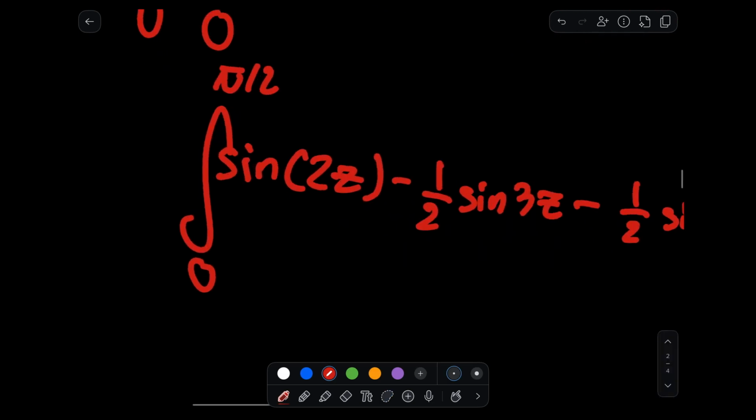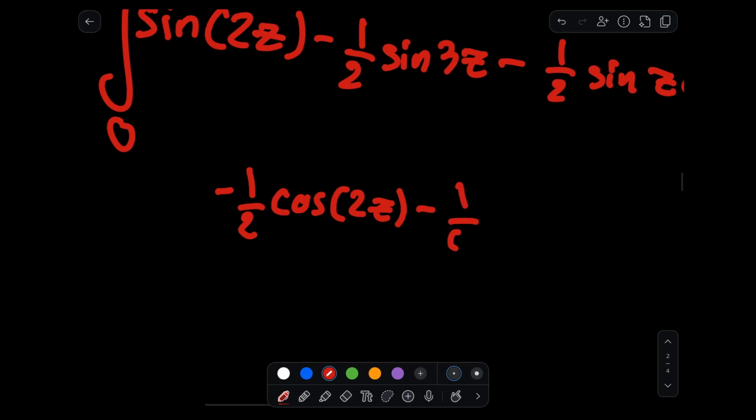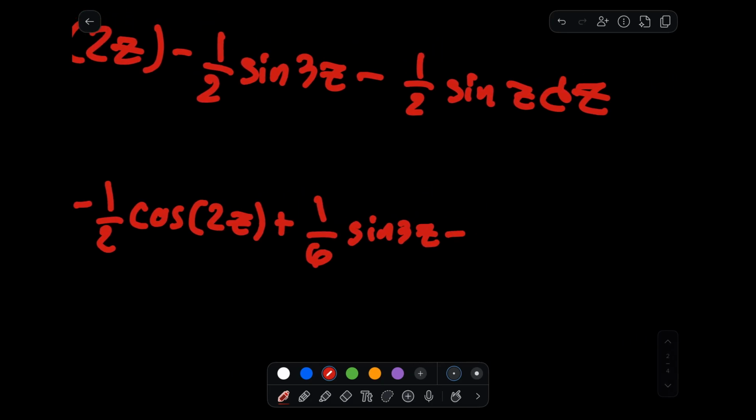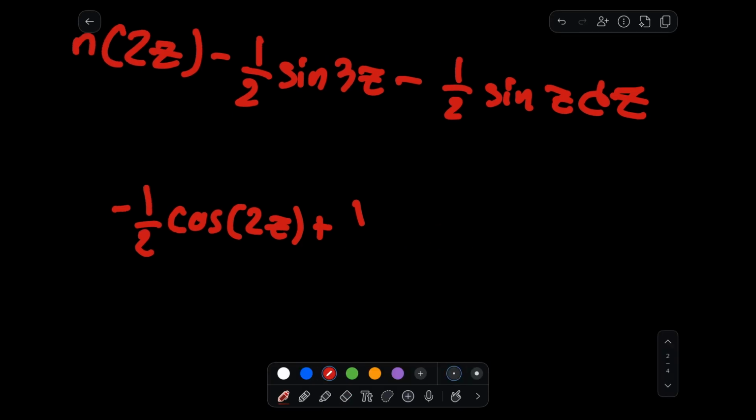dz. And then this is just one last piece of integration, which we're going to get to be negative 1/2 cos 2z, negative 1/6, positive 1/6 actually, cosine of 3z, and then plus cosine of z over 2, from 0 to pi over 2. Sorry, oh my gosh, what is happening to me today?